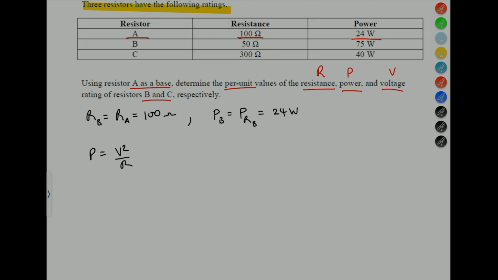So you can manipulate this saying that V squared is equal to P times R, and V is equal to the square root of P times R. So therefore, we can get our base voltage by taking the square root of RB, which we have, and PB, which we already have.